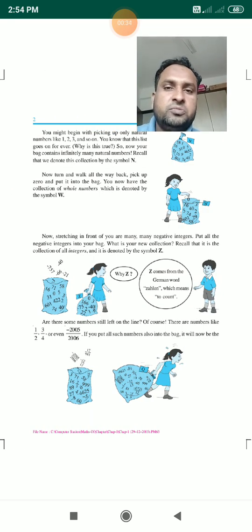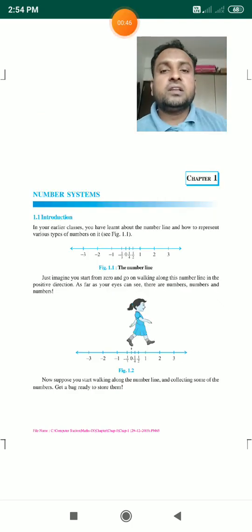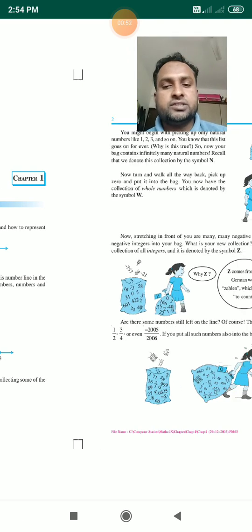There are so many types of numbers, which I already taught. What are the types of numbers, like integers, whole numbers, rational numbers, irrational numbers?